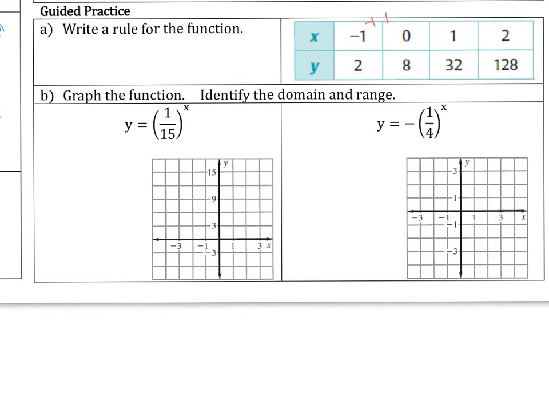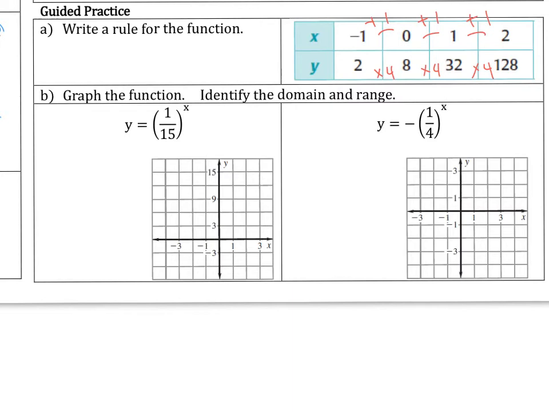I notice that I can add 1 between the x coordinates, but for the y coordinates, I notice that every coordinate is quadrupled. So it must be an exponential function. But I need to find out if it's an exponential decay function or an exponential growth function.